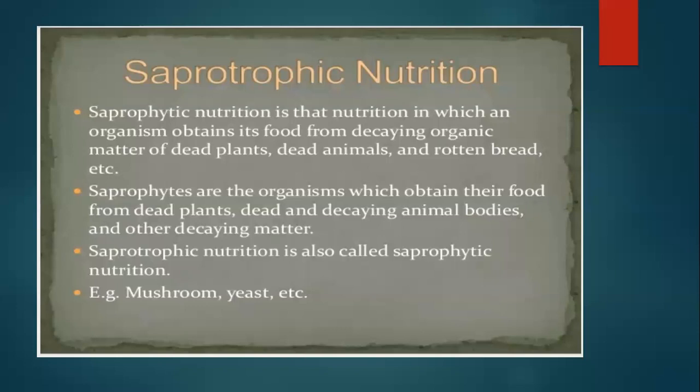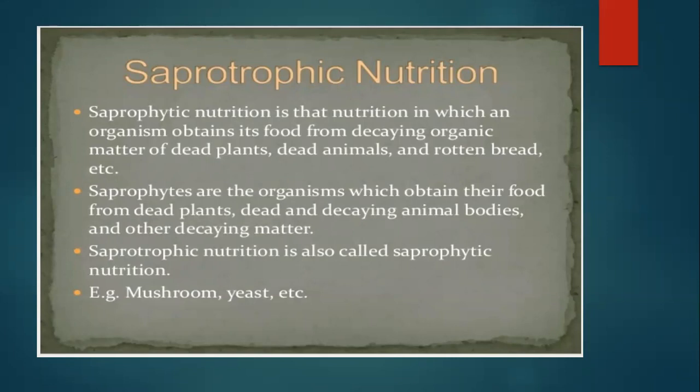So, decaying organic matter of dead plants, dead animals, and rotten bread, etc. Here, sapro means rotten. Please note down, sapro means rotten. These saprophytic organisms capture food from rotten wood or dead and decaying trees, rotten leaves, dead animals, and household waste like rotten bread.